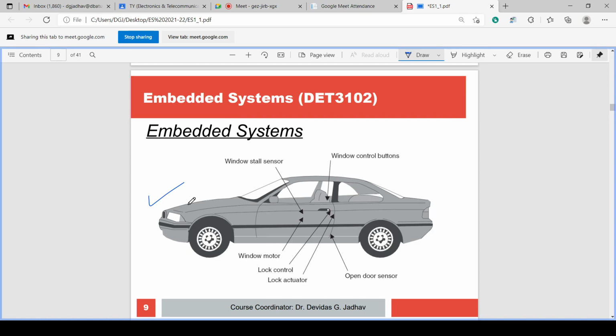What will the system do? The system will detect that the seat belt on that side is not used. That means there is no passenger. So if an accident takes place, the sensor will sense the accident and only the driver airbag will be opened because he is using the seat belt.